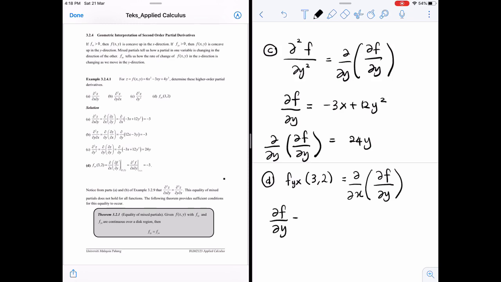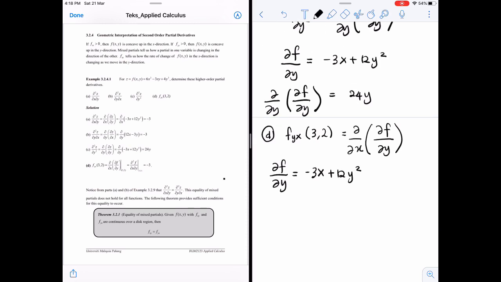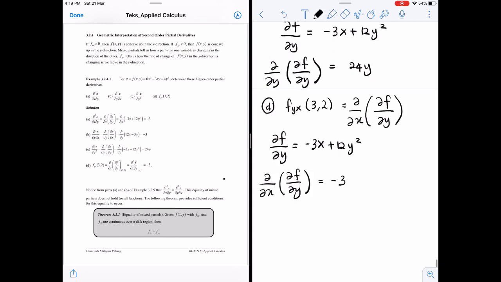Our del f del y is equal to negative 3x plus 12y squared. Now we differentiate this function with respect to x. We will get negative 3. There are no unknown variables here, which means that at point (3,2), your fyx is equal to negative 3.